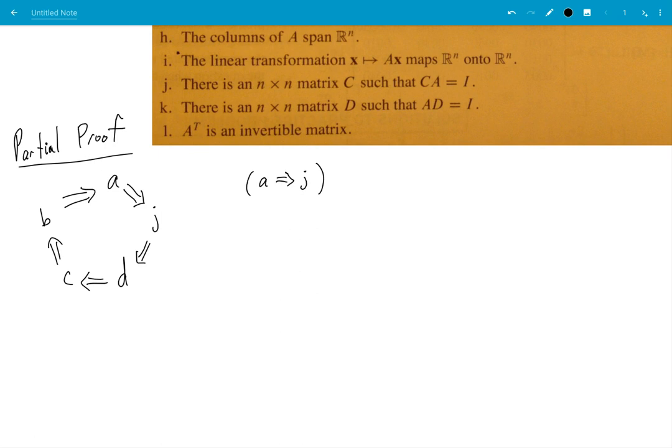Okay, so if A is true, then D is true. If A is true, then B is true, and any combination you want. Anyways, A implies J. Why is that? Okay, what is A again?